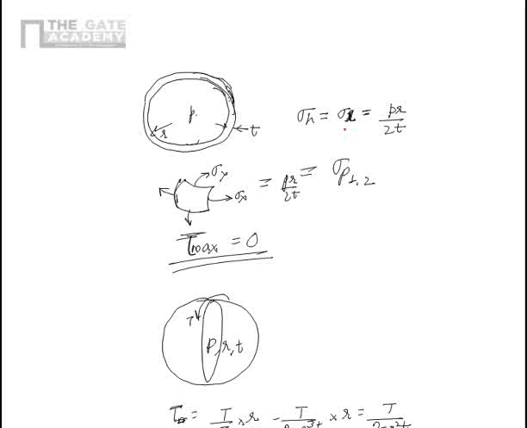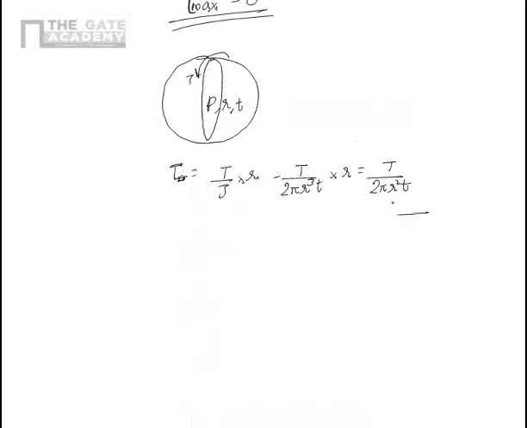All the principal stresses are equal to PR upon 2T because that's the only stress acting in the structure. But if you have an induced shear because of a load applied, then obviously you will have additional stresses. So let's see what the additional stress will be.